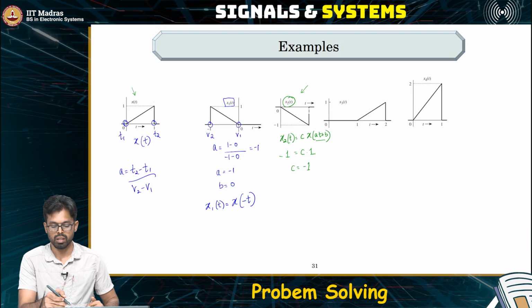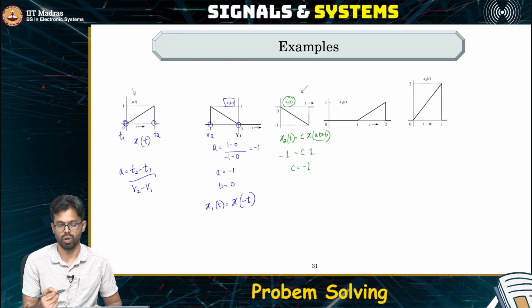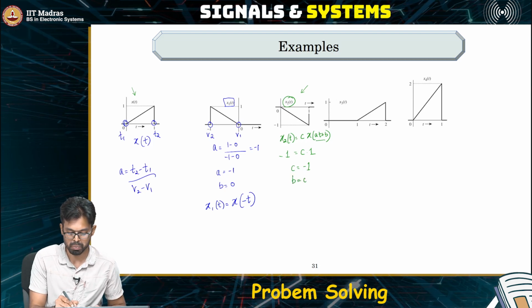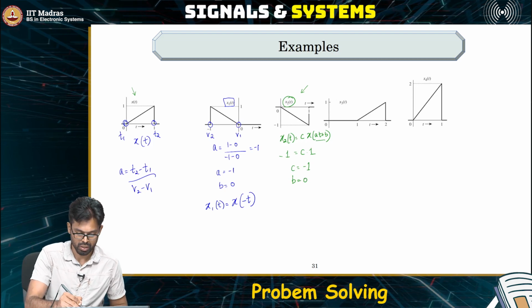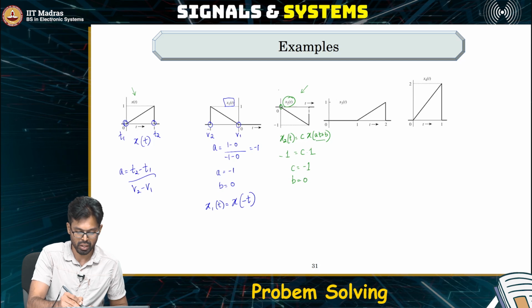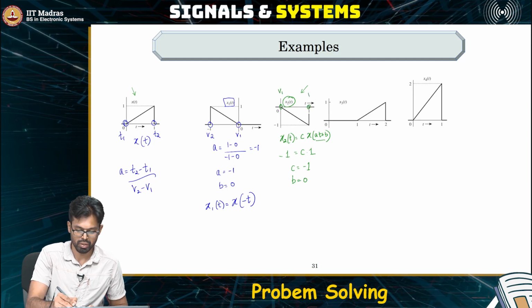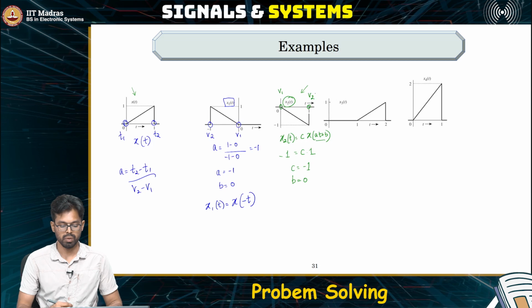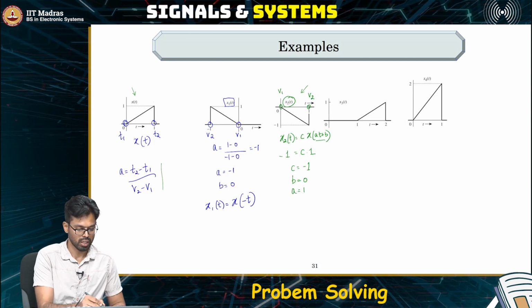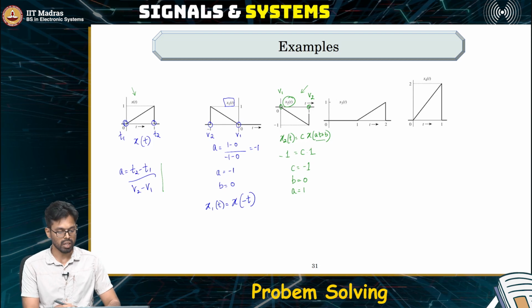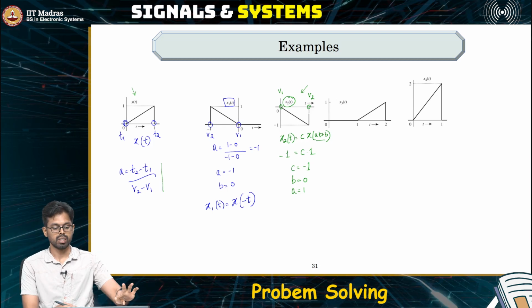And once again, the shift of origin has not happened here, which means B is 0. And the time instances, as you can see here, the critical points are still remaining the same. T1 and T2 have not changed, which means A is just 1. You can just substitute in this equation, and then you will get 0 by 0 form.